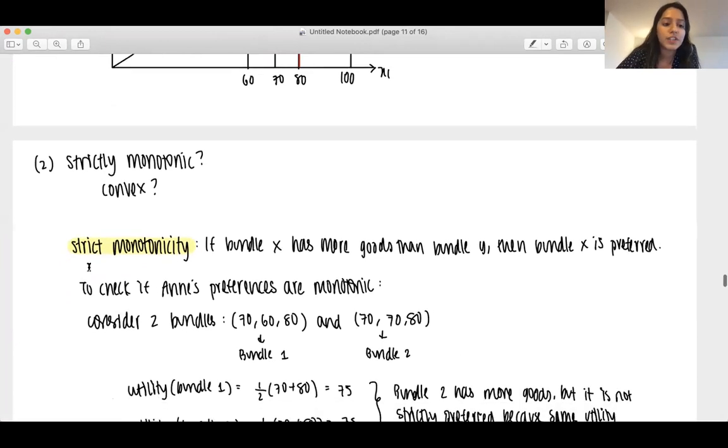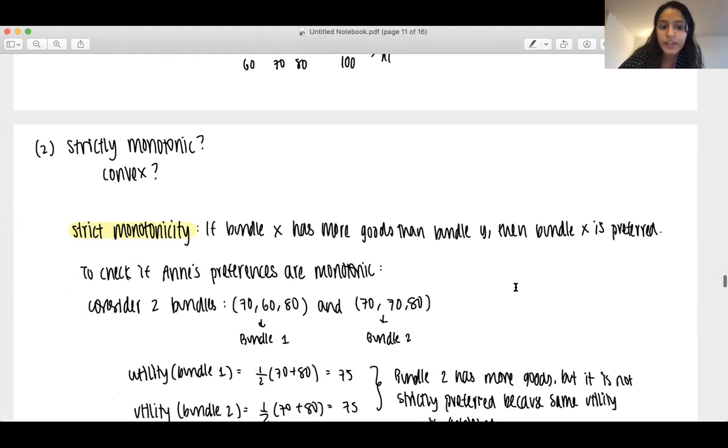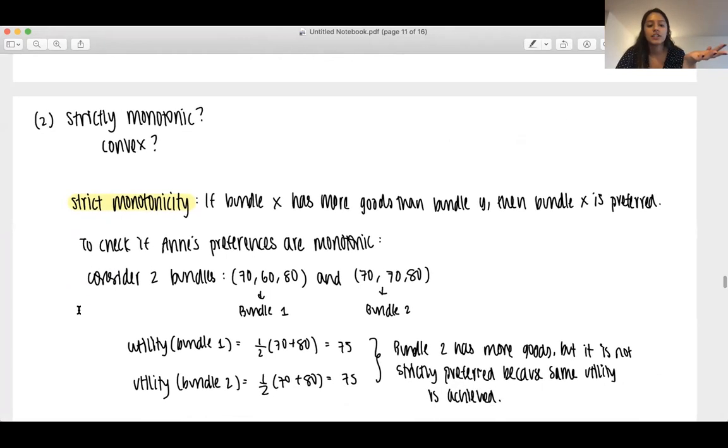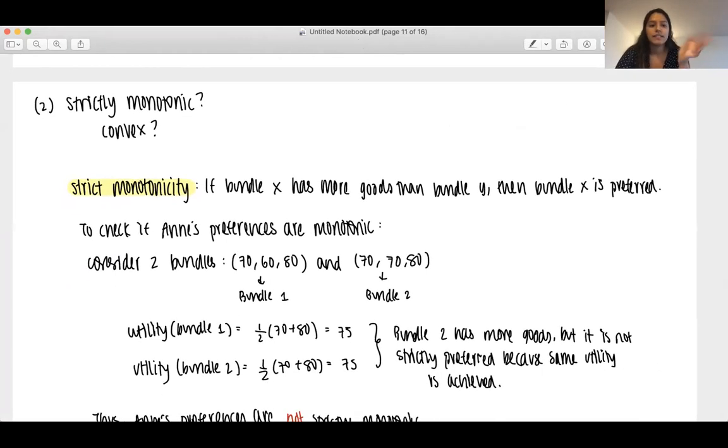Strict monotonicity means that if bundle X has more goods than bundle Y, then bundle X is preferred. So in order to check if Anne's preferences are monotonic, we're going to consider 2 bundles. You don't have to consider the same bundles as the ones they gave us in the first part of the question, but I used them because it was easier to carry on with.